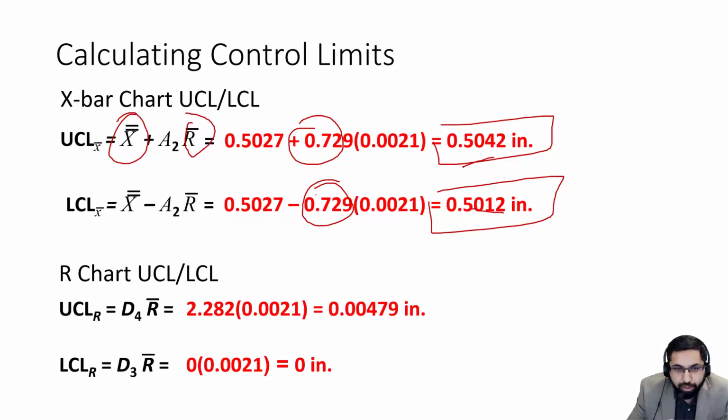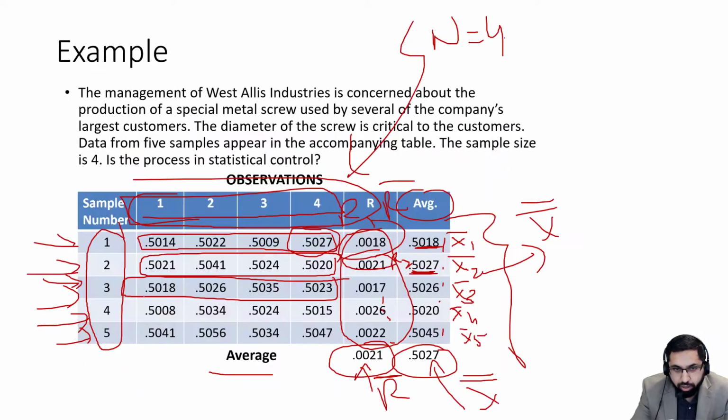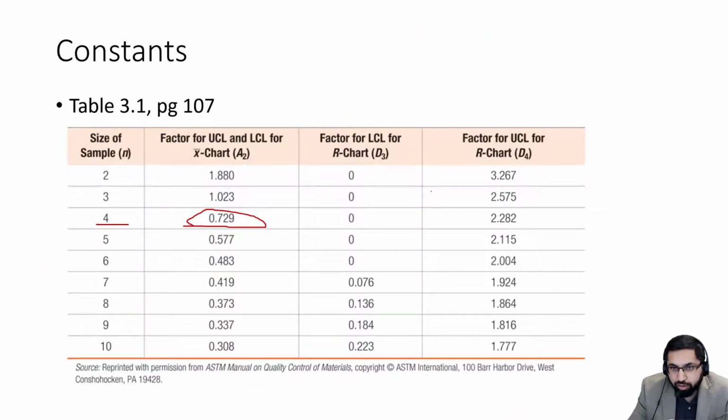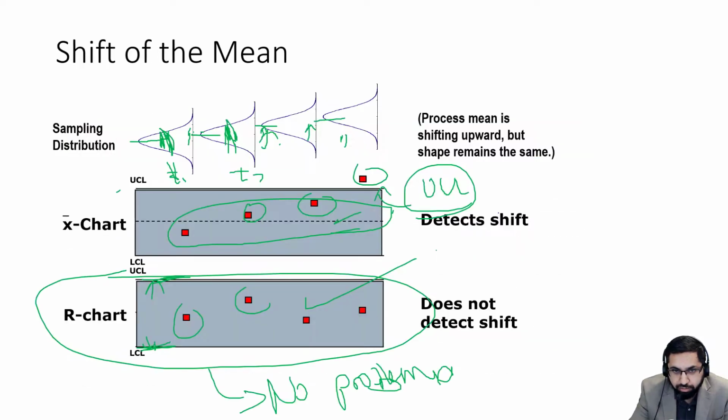Okay. For the R chart, we get D3, D4 again from the table, looking up the sample size of 4. So we have a sample size of 4 right here, right? Each sample has 4 observations, and so we can look up that D3 is going to be 0, D4 2.282.